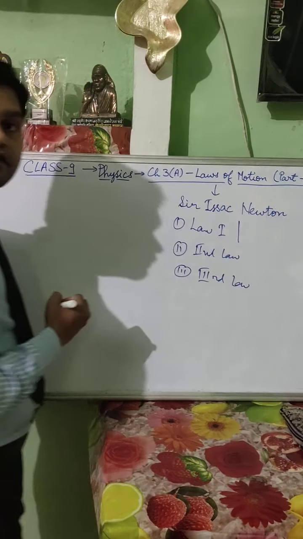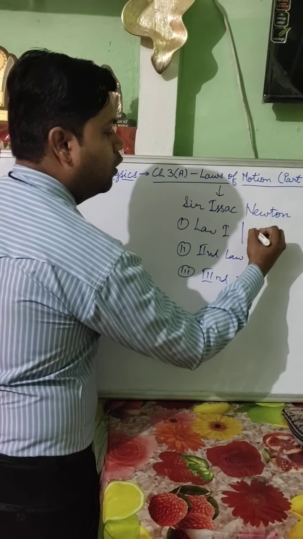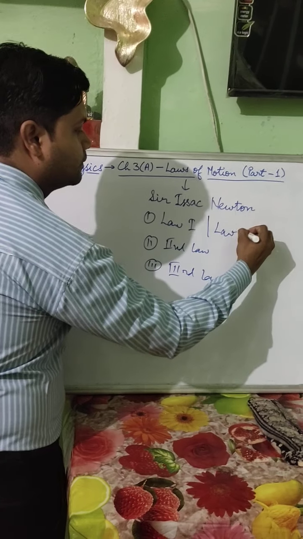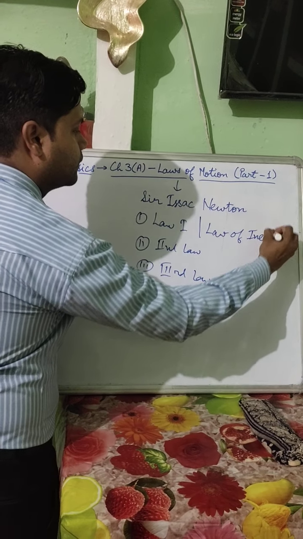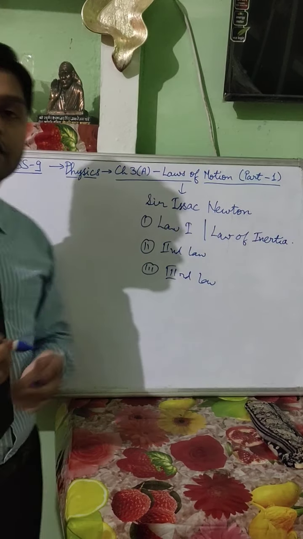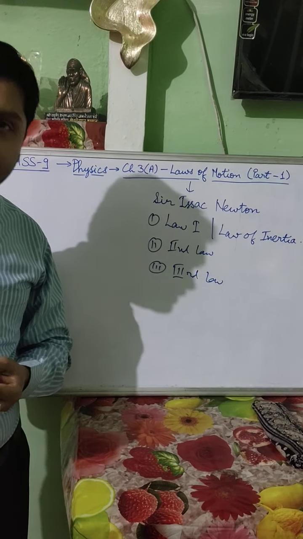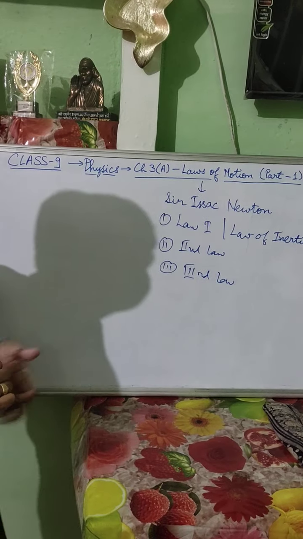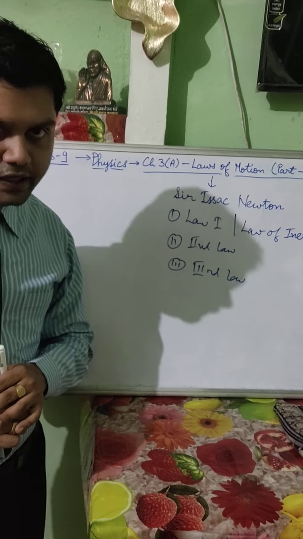Newton's first law is also known as the law of inertia. And Newton's second and third laws are respectively known by their names. So we are going to study laws of motion in this chapter in detail.